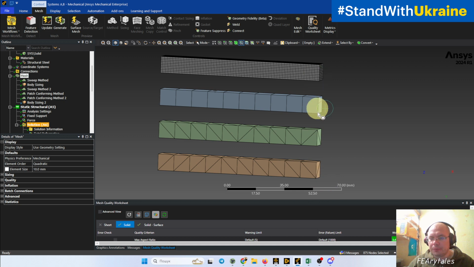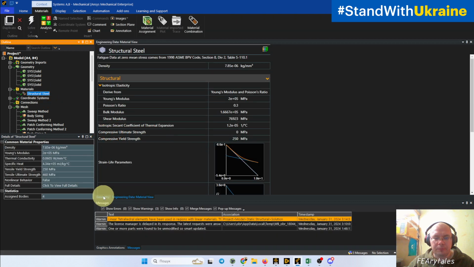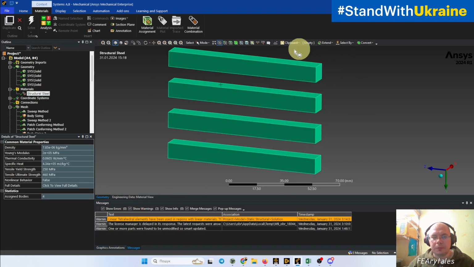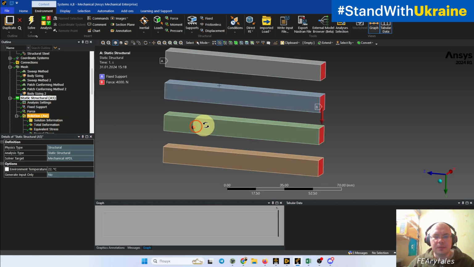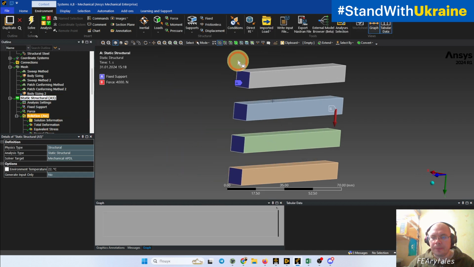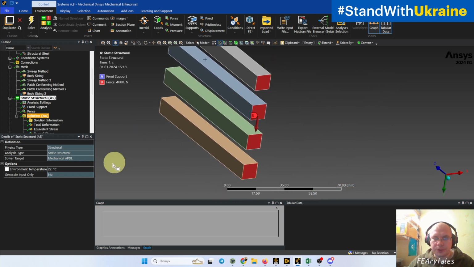The beams were obtained by copying, they have the same structural steel material, the same volume, the same sides, and similar boundary conditions: fully fixed on one face, and the force applied to the opposite face.